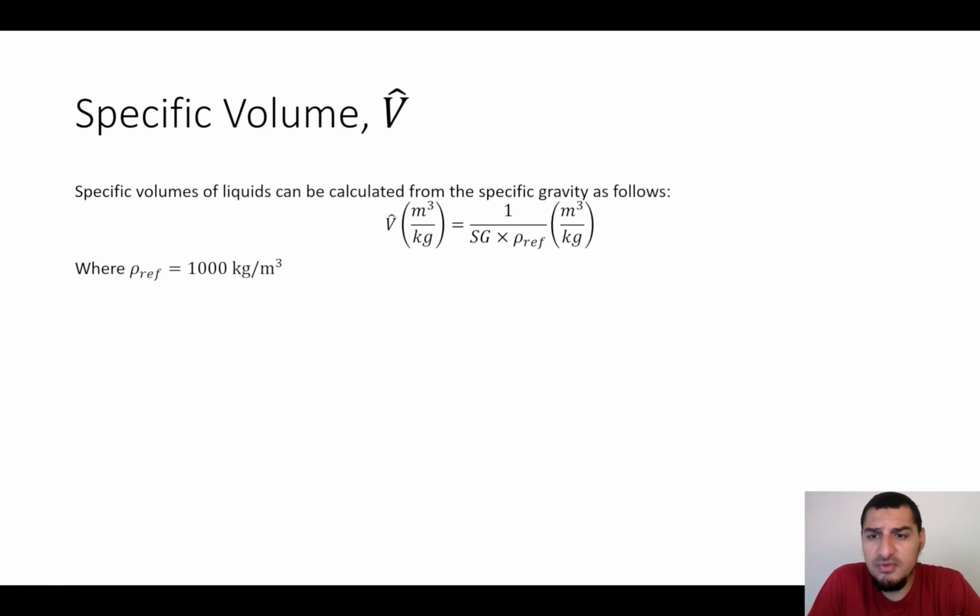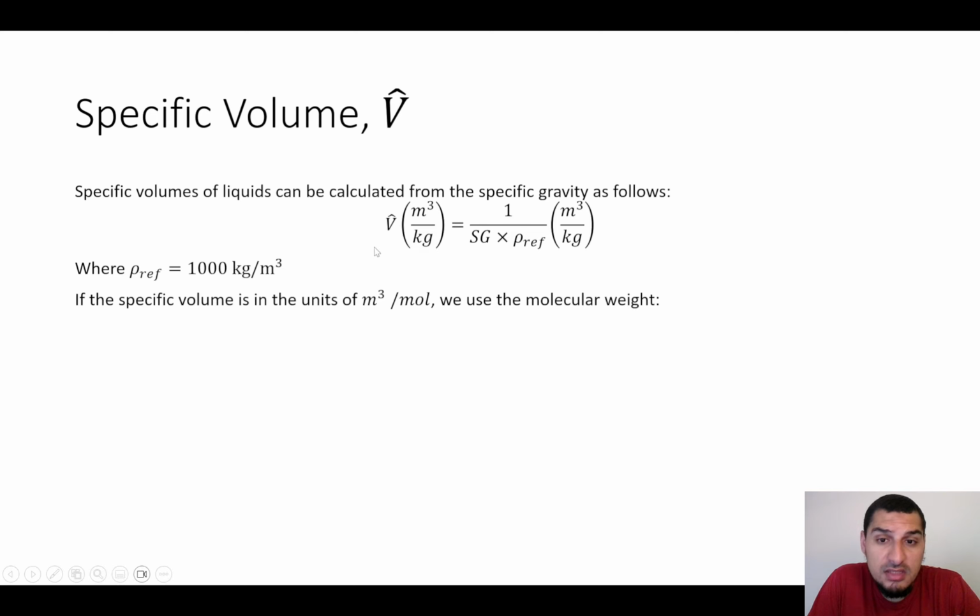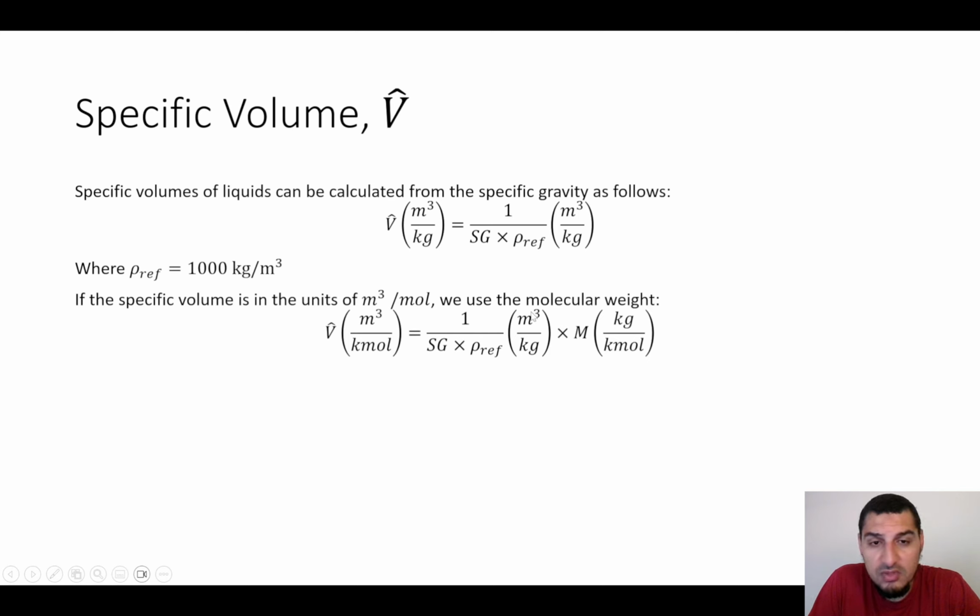And of course, we know the reference density is the density of liquid water at 4 degrees Celsius, which is going to be 1000 kilograms per meter cube. So this is one option, and in this case, this is going to be in meter cubes per kilogram. If you want to make it a molar volume, then we can multiply it by molecular weight, so it is kilogram per kilomole, so it's going to be meter cubes per kilomole instead of meter cubes per kilogram. So this is how we can get it.